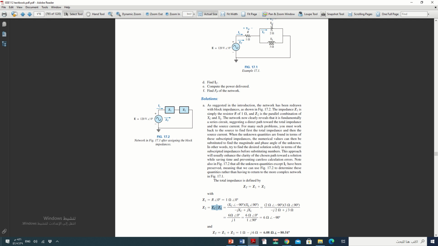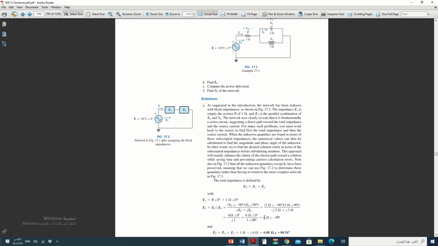We multiply XC with angle minus 90, as we mentioned in the last two chapters, and XL with angle 90, and divide by the summation. XC is 2 ohm with angle minus 90, XL is 3 with angle 90.